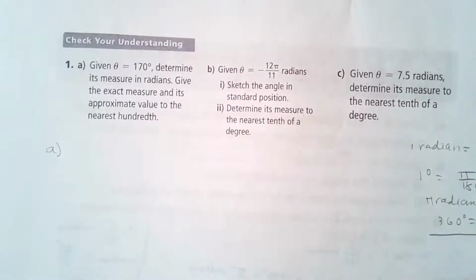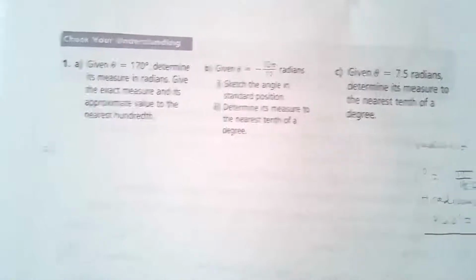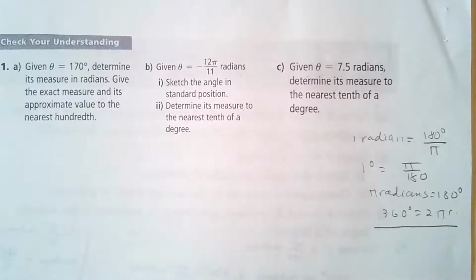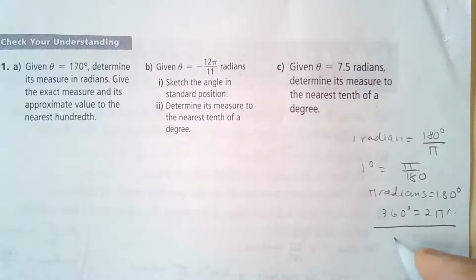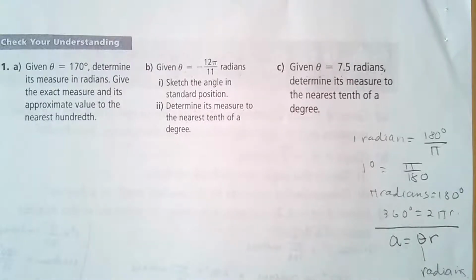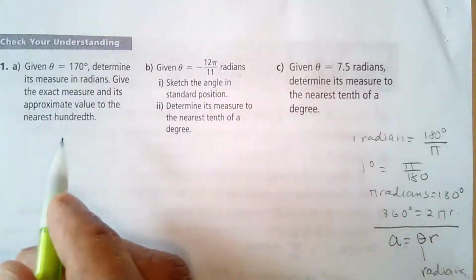Also, we know that you can find the arc length. The arc length is equal to theta times the radius, and theta must be in radians. So we'll utilize these facts. Okay, so look at the first question now.